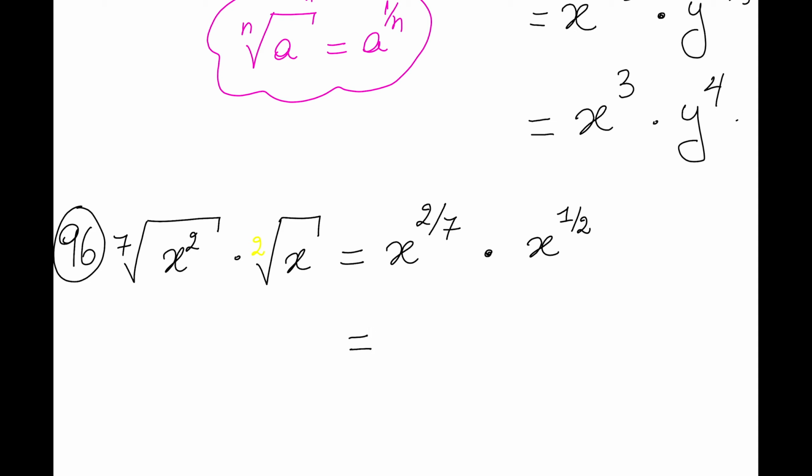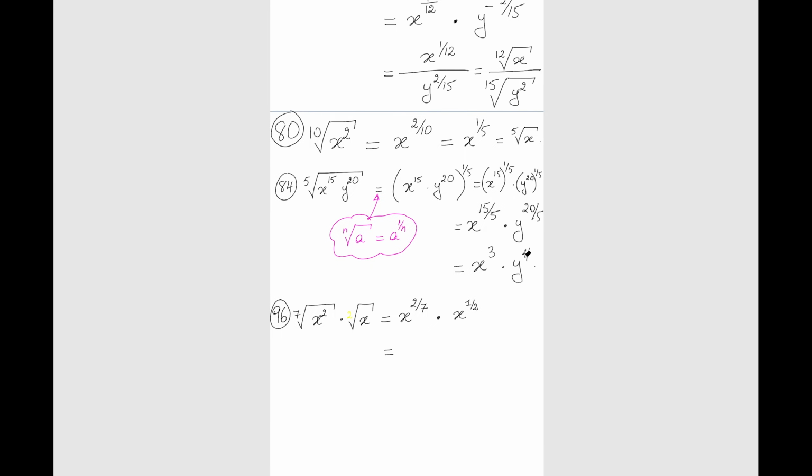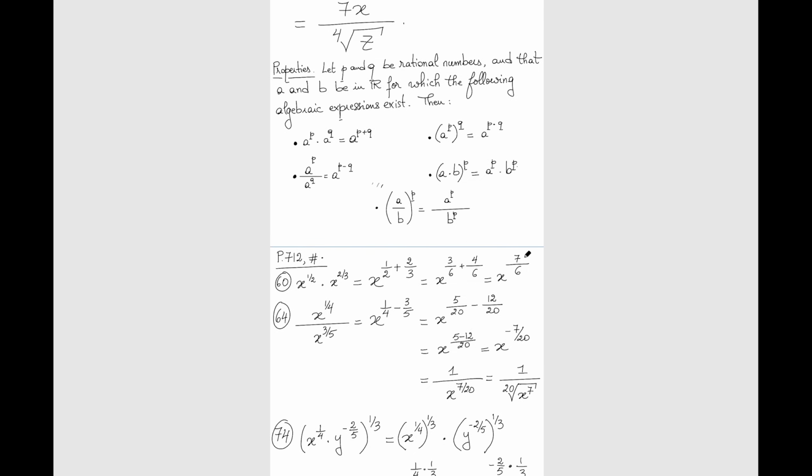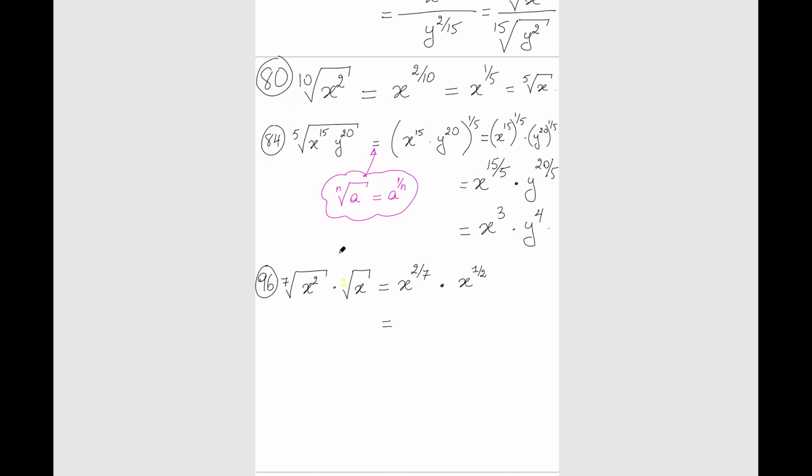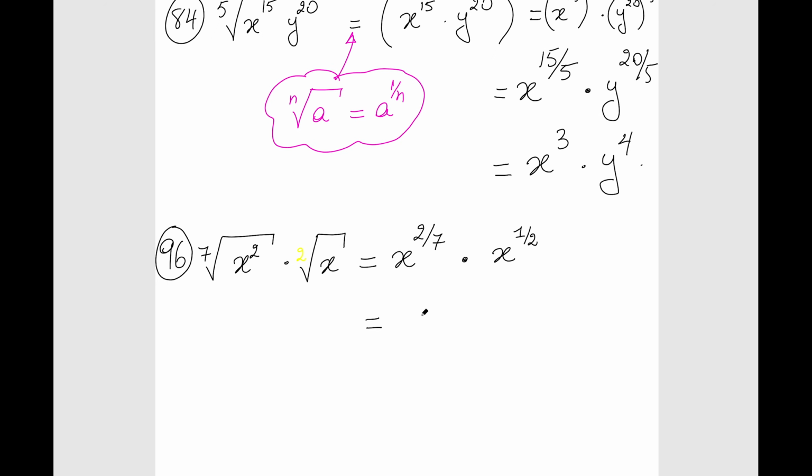Okay, so at this point, I can condense the two. I have a product of two exponential expressions with the same base. I can appeal to this first property in the last list of properties we mentioned. Whenever you have a product of two exponential expressions having the same base, keep that base and add the powers. So I'm going to just keep the base, which is x, and add the powers.